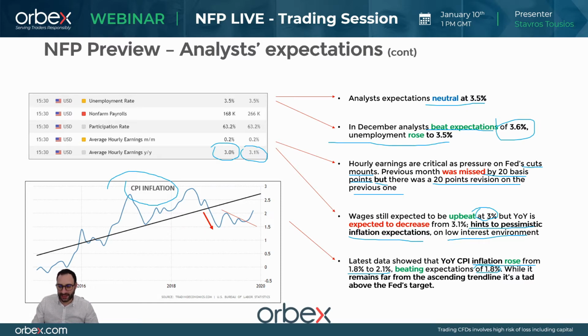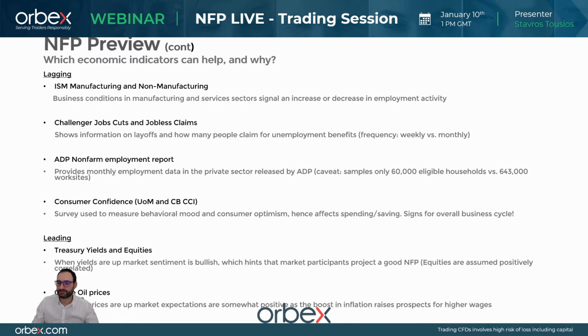At the same time, it remains far from this ascending trend line, which is just an average, let's say, but it is above the 2% target that the Fed and any other central bank has set in their mandate, okay, which is quite important. It's an inflation figure that many didn't expect to see. So that can be considered as positive, I would say.